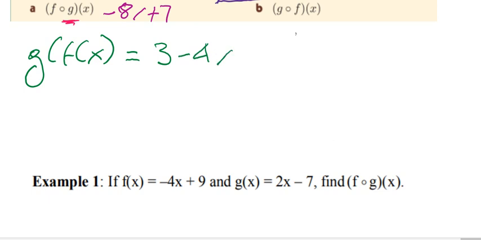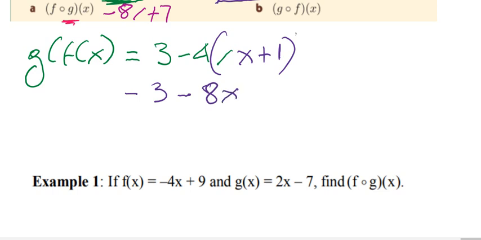And now instead of x, I'm using this part here. So I'm writing brackets 2x plus 1. And I continue. Equals 3 minus, remind this is 2x, 8x minus 4.